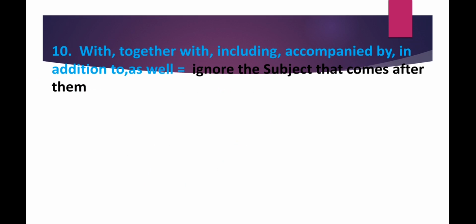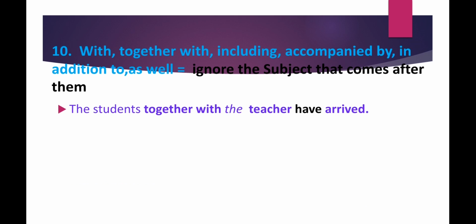Give more emphasis on the subject that was mentioned before these words. Example, the students together with the teacher have arrived. Here you see the words together with, so this is the expression where you have to ignore the subject that follows. The students is plural, so we go with have arrived.